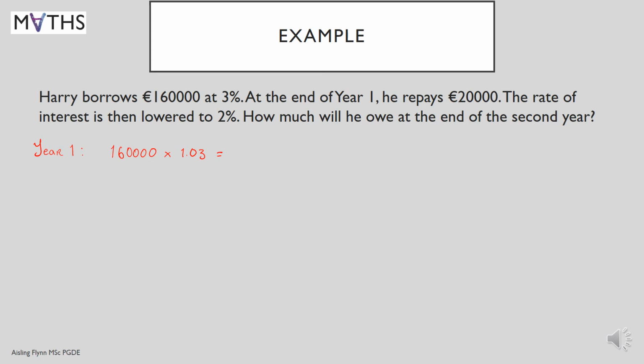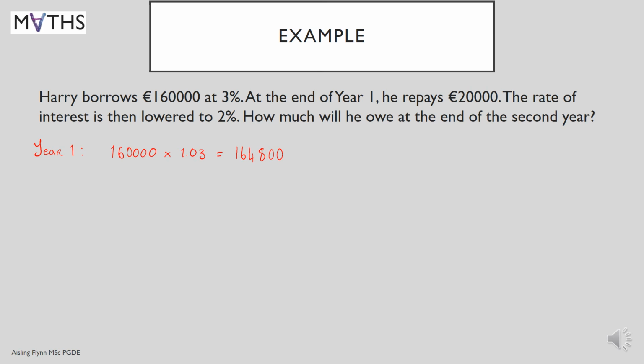So on the calculator, now count your zeros when you're doing large numbers. It's very easy to put 1 too many or 1 too few, so we have 4 zeros. After that interest has been added in, he now owes at the end of year 1 164,800.